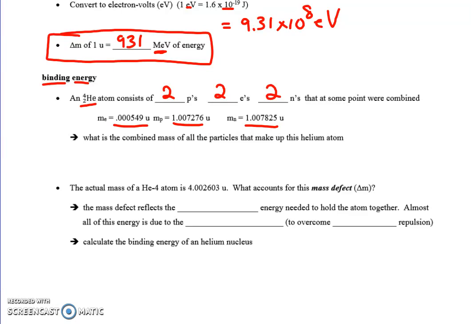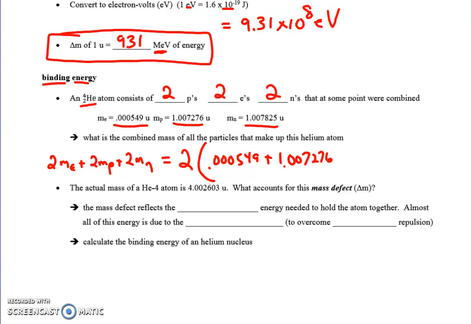But that's all right. So let's figure out what the combined mass is for all the particles that make up the helium atom. Okay, so that would be 2 times the mass of an electron plus 2 times the mass of a proton plus 2 times the mass of a neutron, based on what we saw before. So let's pull out the 2. So that's going to be 2 times, now this is kind of tedious, 0.000549 plus 1.007276 plus 1.007825 u.